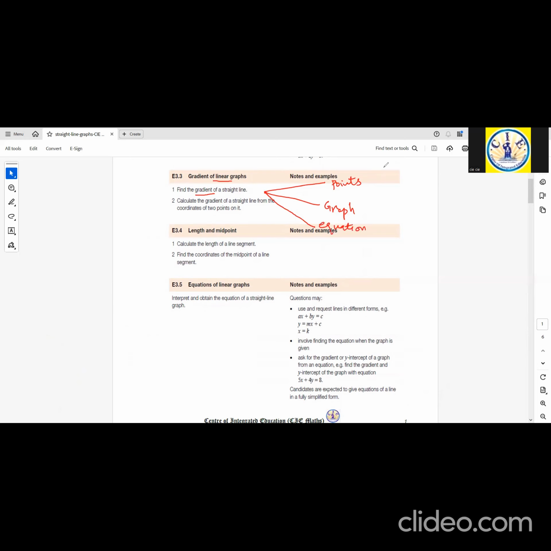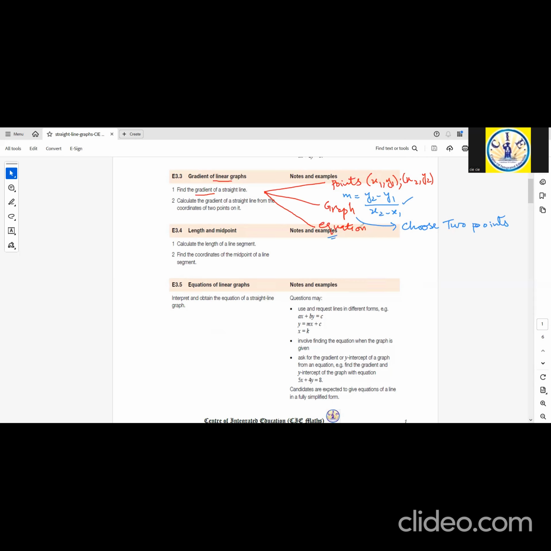When 2 points are given, x1, y1 and x2, y2, we would be using the formula of the gradient, that is y2 minus y1 divided by x2 minus x1. From the graph, again, we would be choosing any 2 points and we would be replacing the same formula to calculate the gradient.